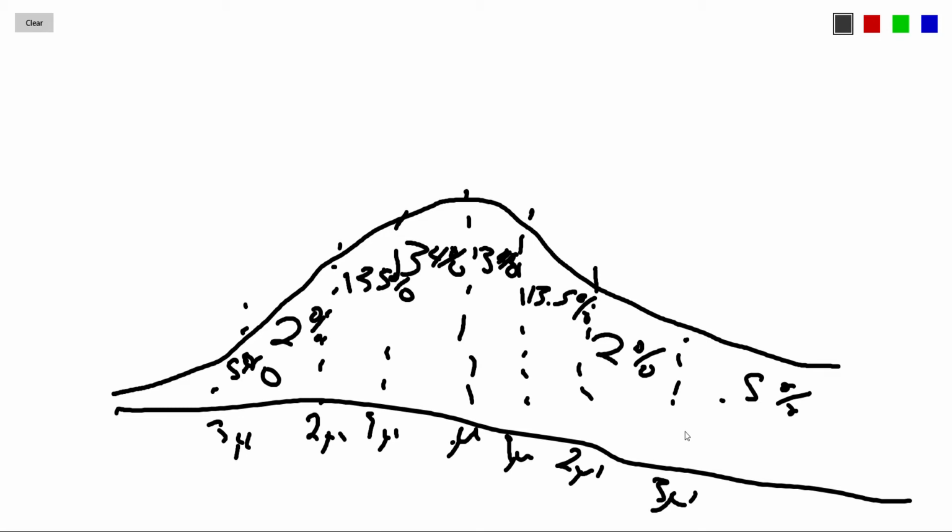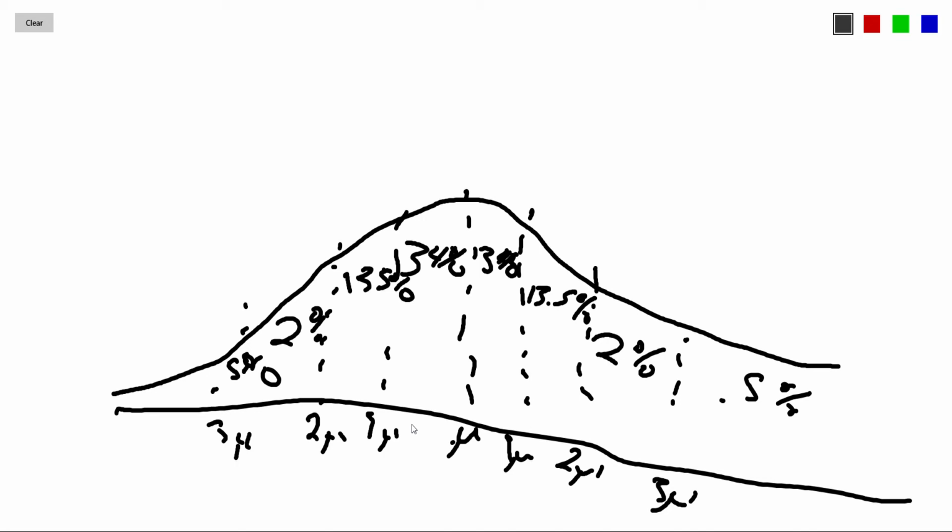So, everything between the first mu's, 1 mu and 1 mu, would be 68%. Okay? So if I had questions stating what's from, and they give you some random numbers, and it ends up being from this mu behind, it'd be 50%.